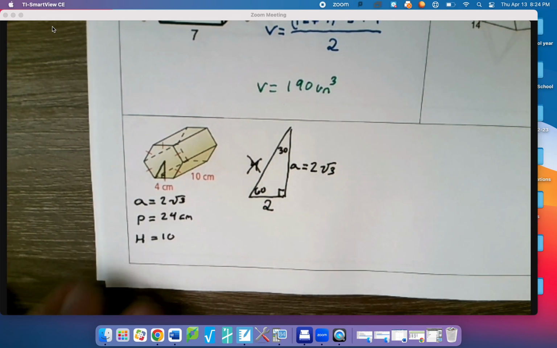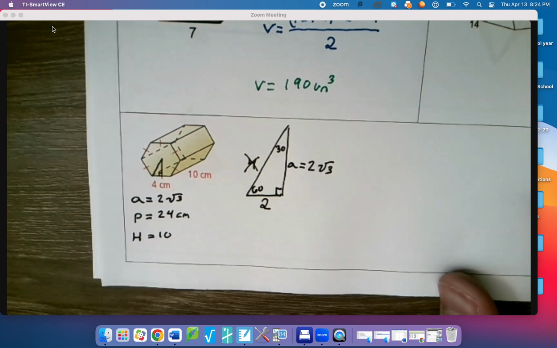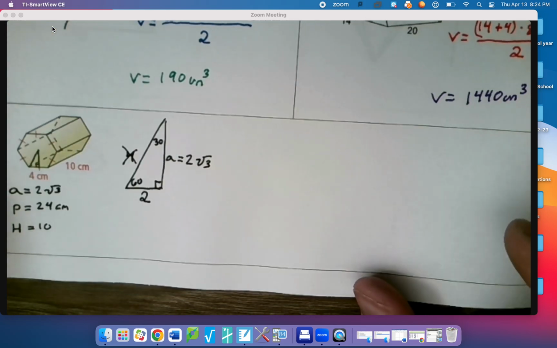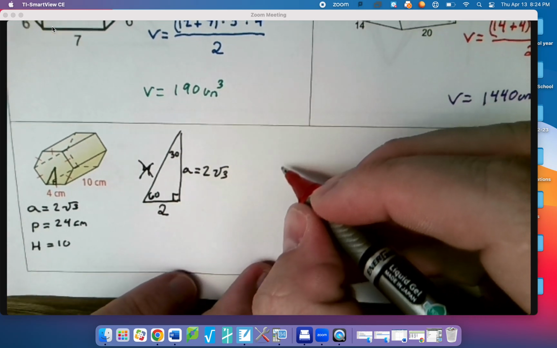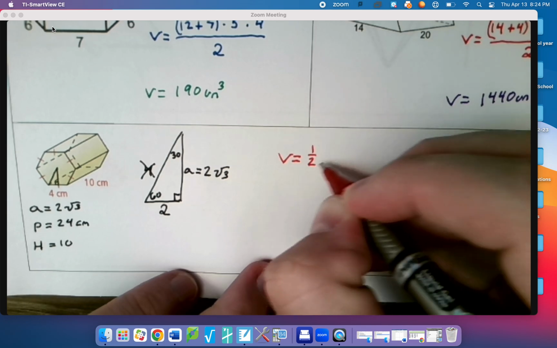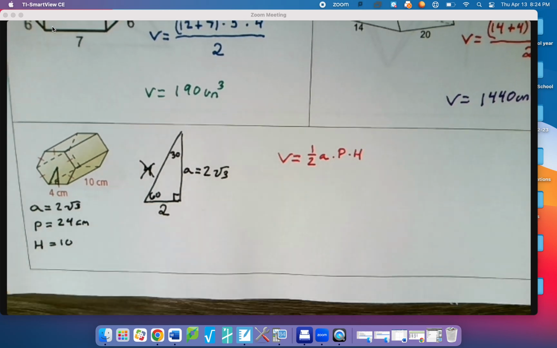Now from here we can decide to stay in radical form, or we can decide to multiply it out and get a decimal. Because I don't want to have to use my calculator any more than I actually have to, and I know I've used it sometimes when I probably didn't need to, I just want to make sure I get my calculations correct. The volume is 1/2 the apothem times the perimeter times the height.